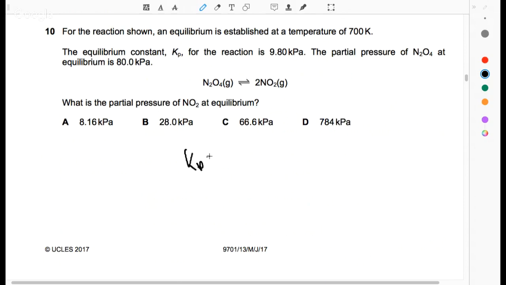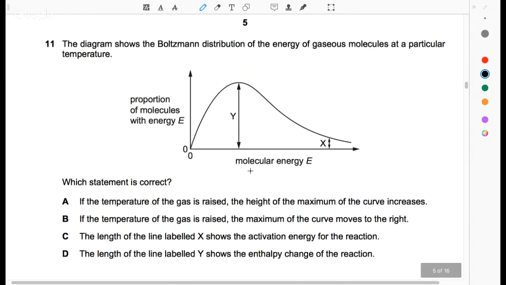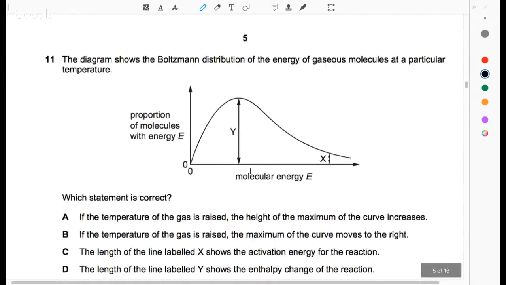Okay. Then you just swap it to solve the equation. 11.